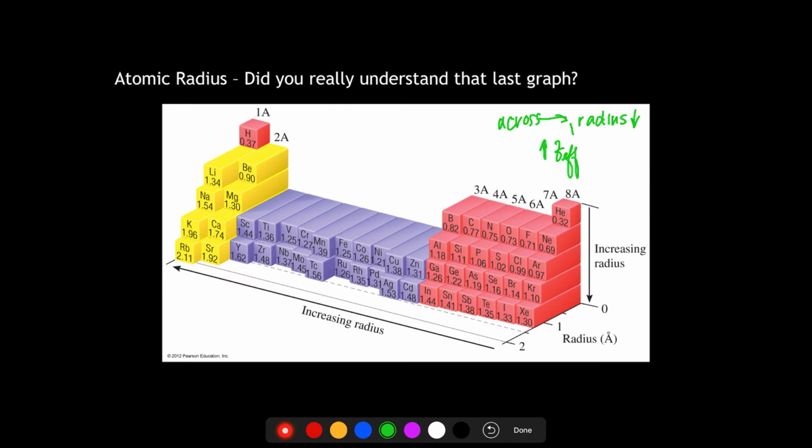So, again, everything goes back to Coulomb's law, which says that we have Q1 Q2 over d squared as our force of attraction. If my Z effective increases, we could call that one of my Q's. The other Q would be my valence electrons, which then leaves us with my distance.